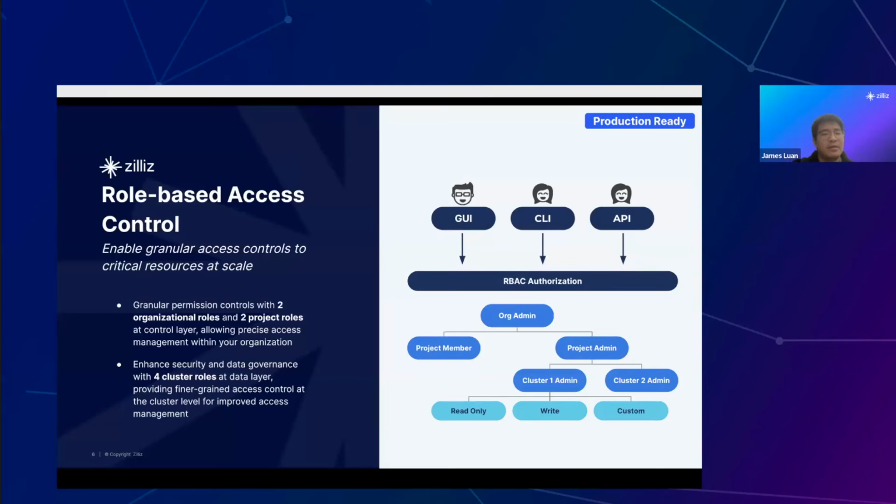Data security and being enterprise ready is our first priority. This applies not only to our cloud service, but also to all the open source users. For open source users, we also recommend enabling TLS, user authentication, and RBAC. For our cloud, we also spend a lot of time working on all the enterprise-ready features, all the compliance and data security features.